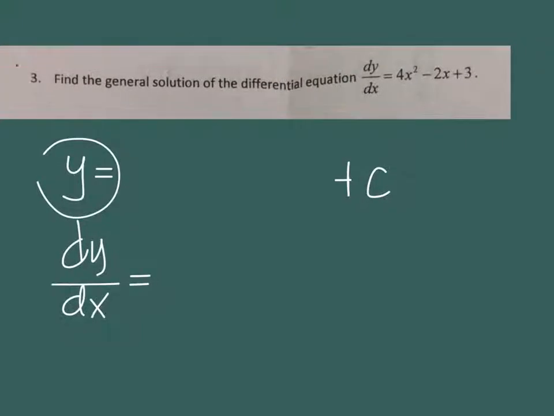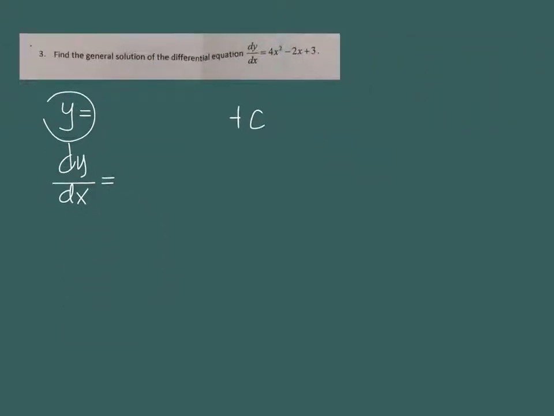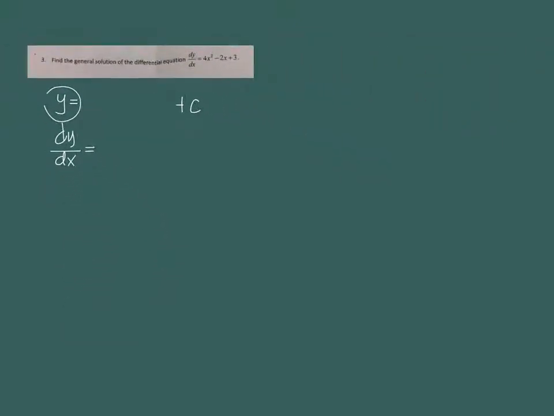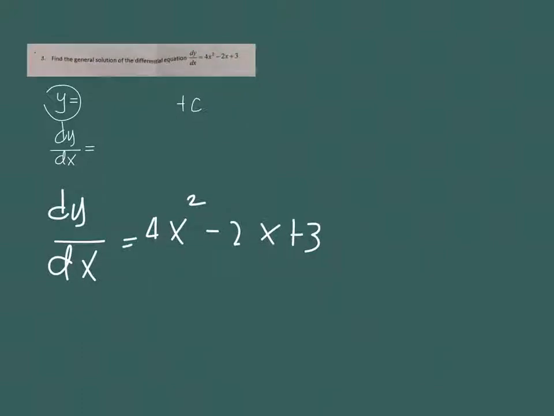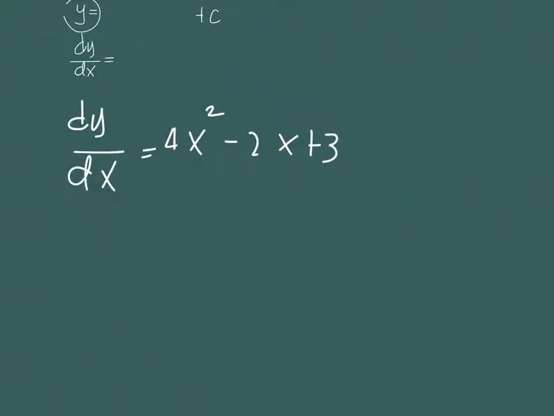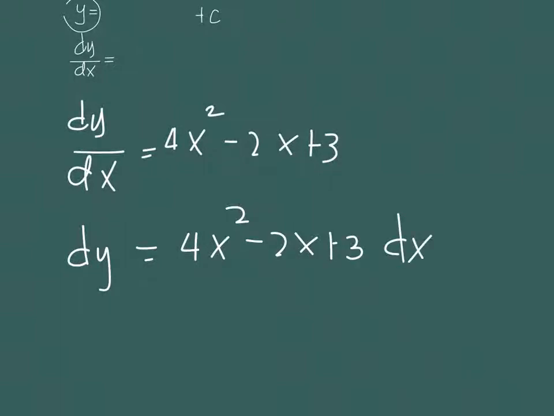Okay, so how do we proceed given that dy over dx is equal to 4x squared minus 2x plus 3? The first thing that you have to do is to rewrite the expression like dy is equal to 4x squared minus 2x plus 3 dx.